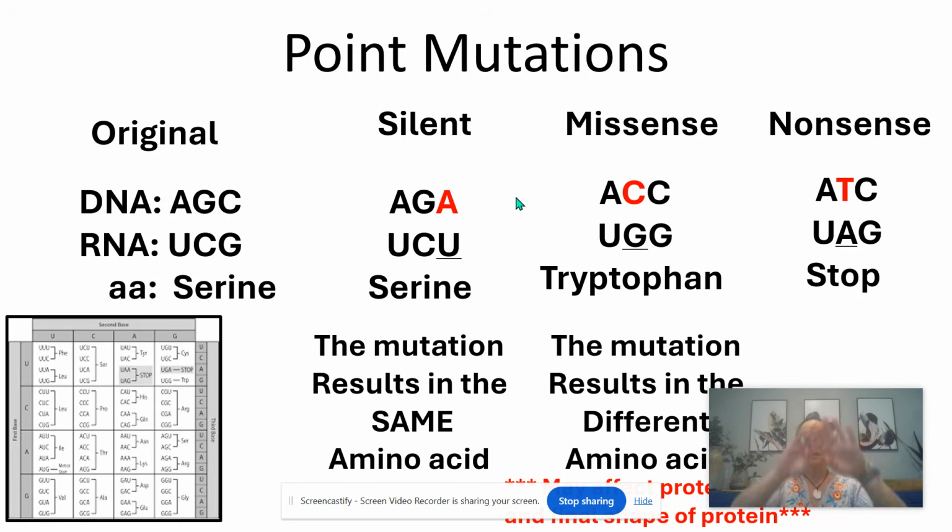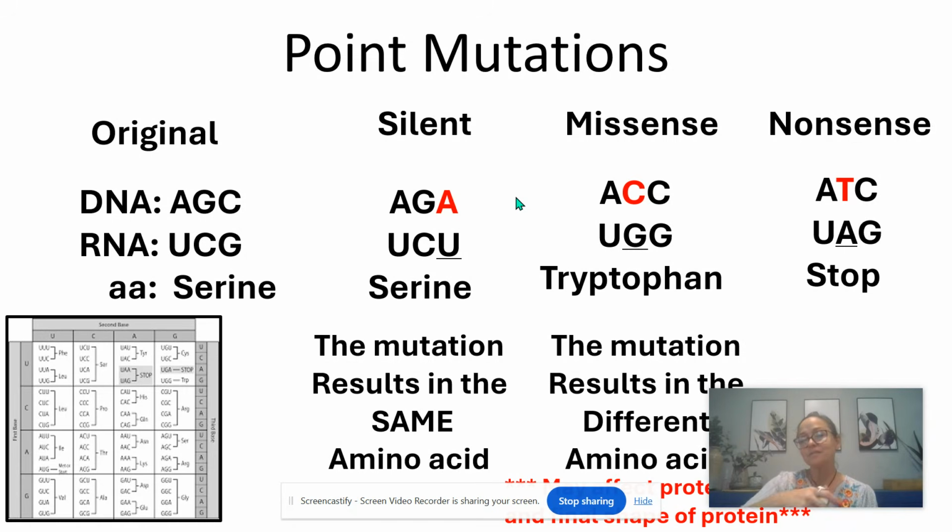And so if I look at the three names, they kind of tell us what they do. Silent mutations are going to result in silence. There's no change. A missense still has the normal length of the polypeptide. It still folds up. It just may not make sense. May not work the same as before. Maybe it's better in a beneficial mutation. Maybe it's detrimental. Maybe it's neutral.